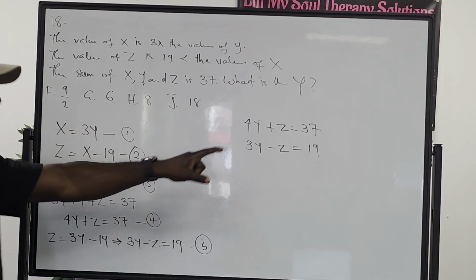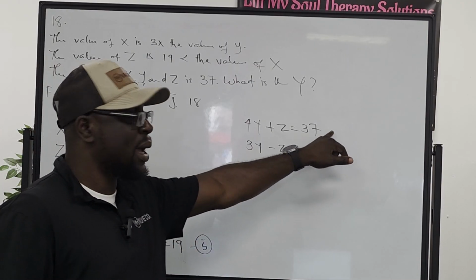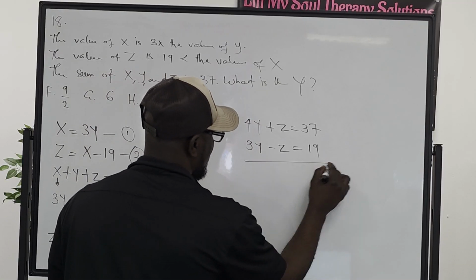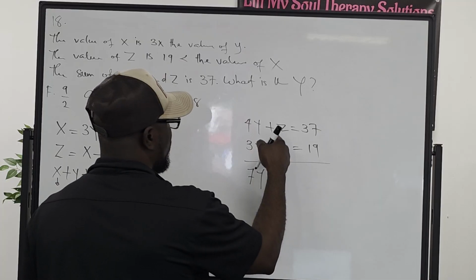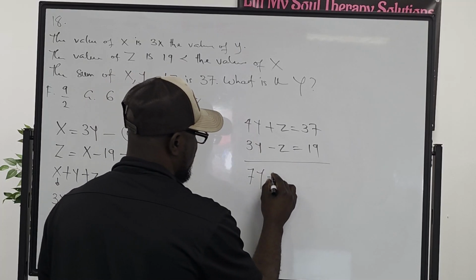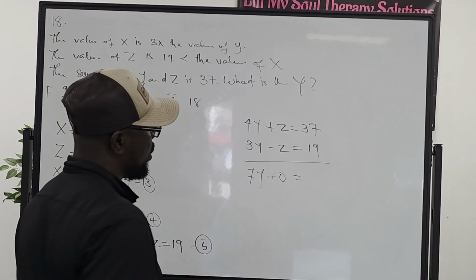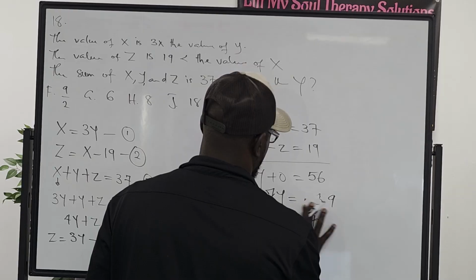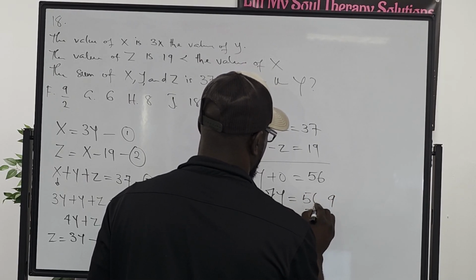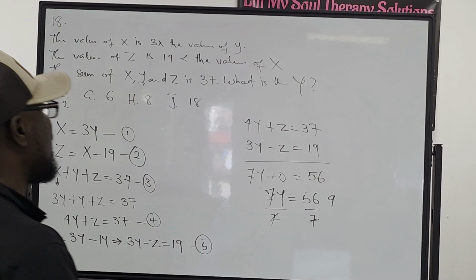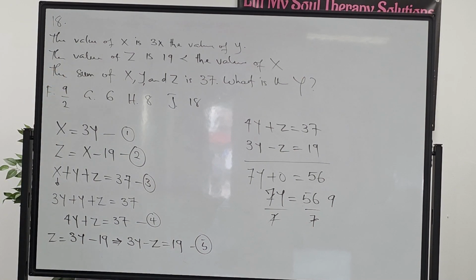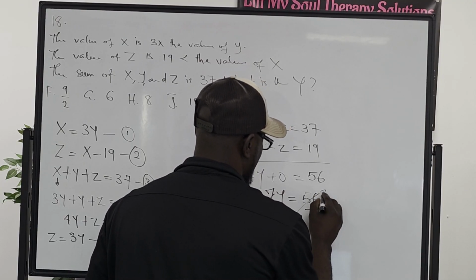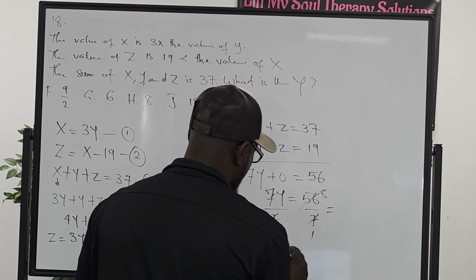So now I can add these two, equation 4 and 5, together. 4y plus 3y is 7y, plus z minus z is 0, and then 37 plus 19 is 56. So 7 times 8 should give me 56. So therefore, y is equal to 8.